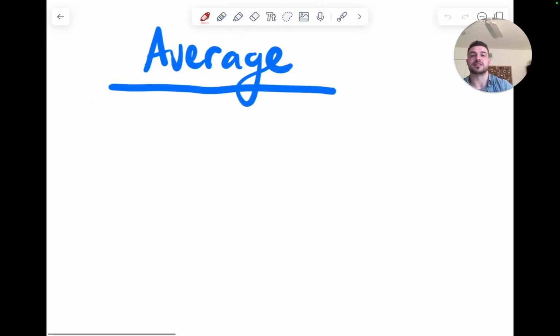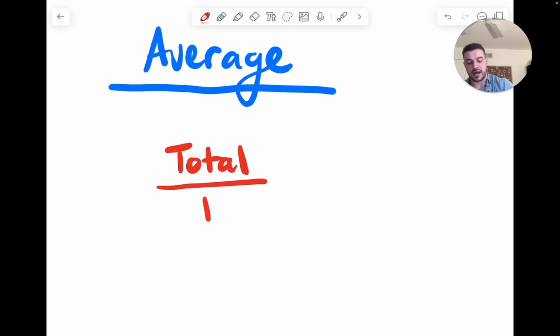Average problems are exactly what they sound like. You're going to need to calculate the average of something. In order to do that, you find the total of what you're interested in, whether it's a test score or the cost of something, and you divide by the number of items in question.